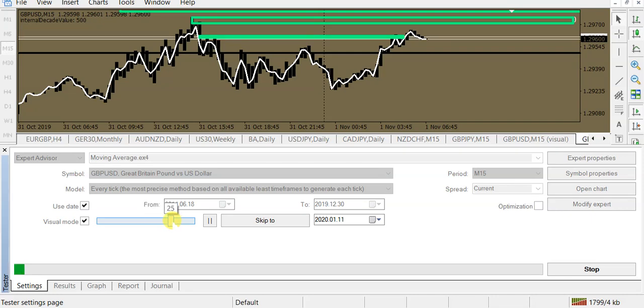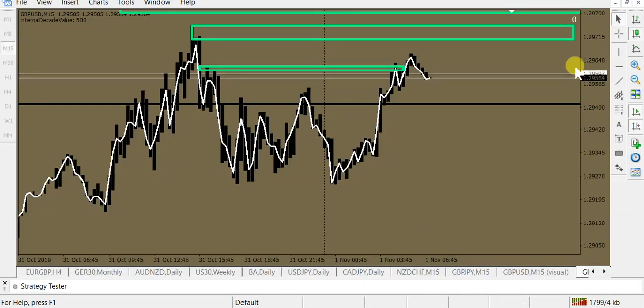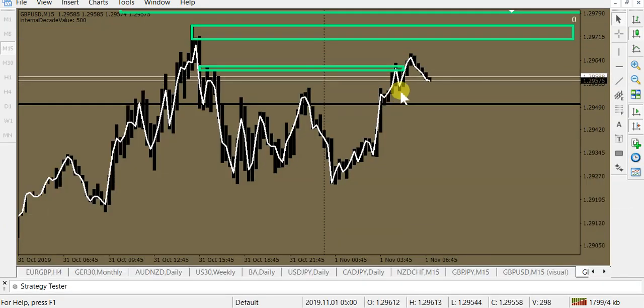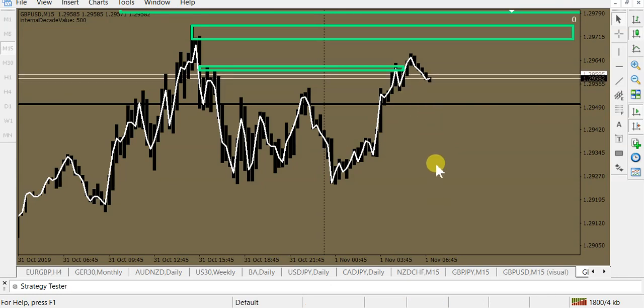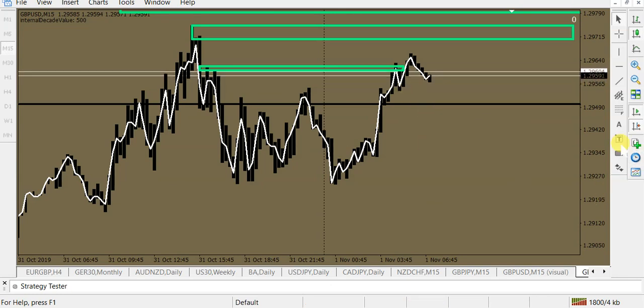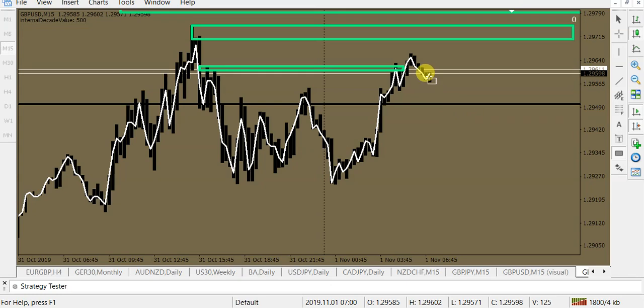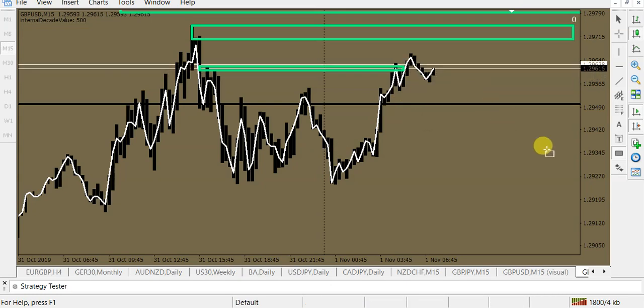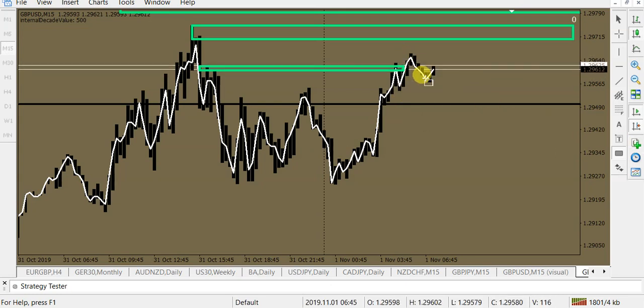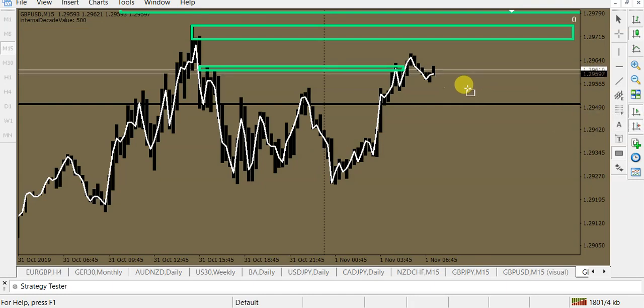So I'm going to speed this up quite a bit. Take this up to another better speed now. So now you can see they just filled a buy limit. And people that buy at the market, they bought every 15-minute pullback there and they built a long position.